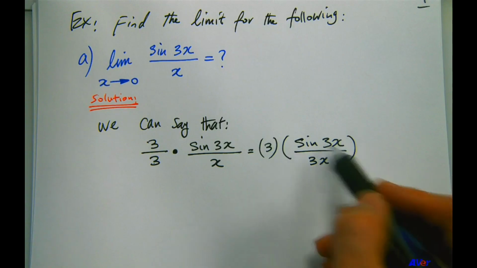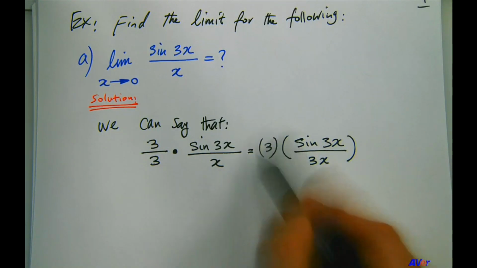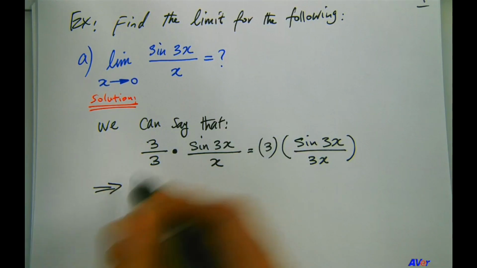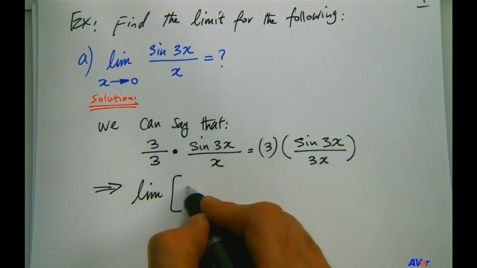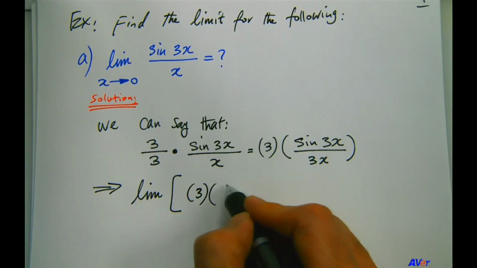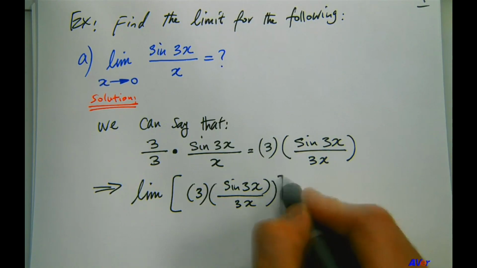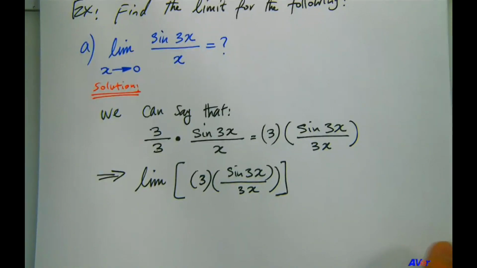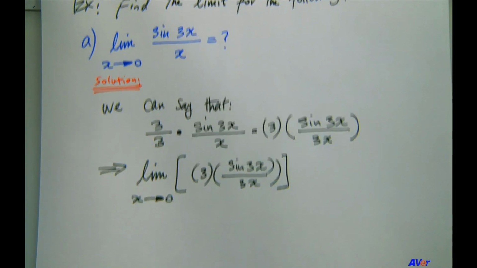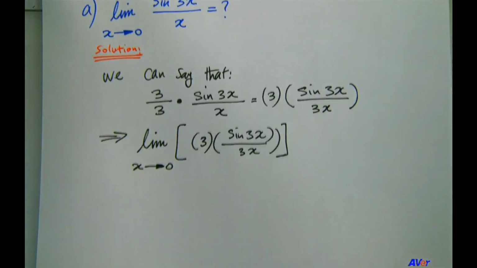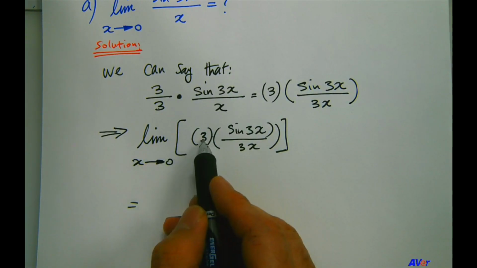Okay. Now we have sine of some quantity divided by that same quantity. So let's now take the limit of this expression. So therefore, the limit of all of that, which is 3 times sine of 3x divided by 3x as x approaches 0. Okay, so applying the properties that we've learned about, we know that the limit of a constant as x approaches anything is equal to the constant itself.